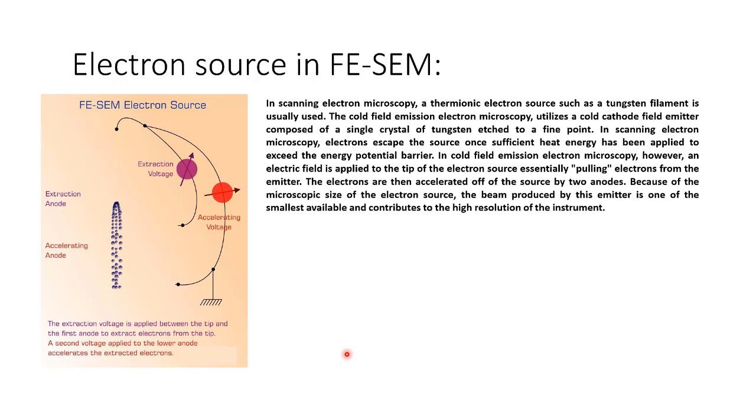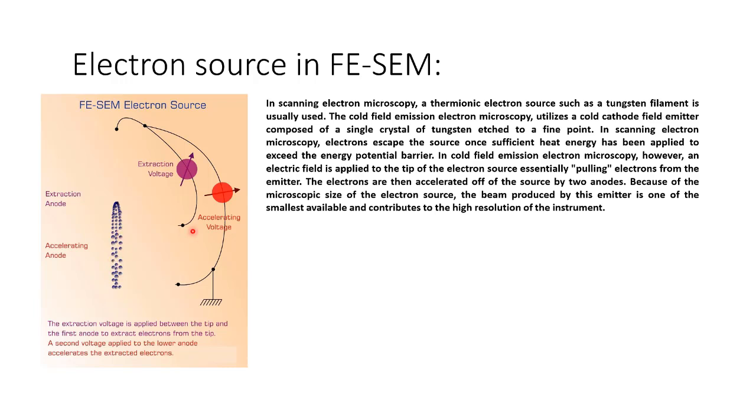In cold FESEM, the electric field is applied to the tip of the electron source, which is essentially pulling the electrons from the emitter, and the electrons are then accelerated off the source. So this kind of tip, that is where electrons will be formed. This is the extraction anode, and this is the accelerating anode.